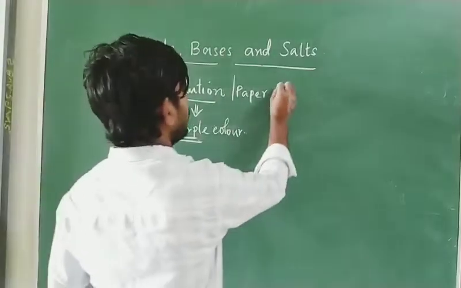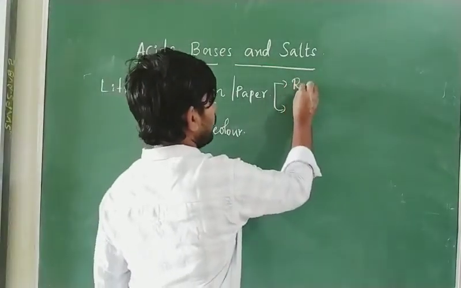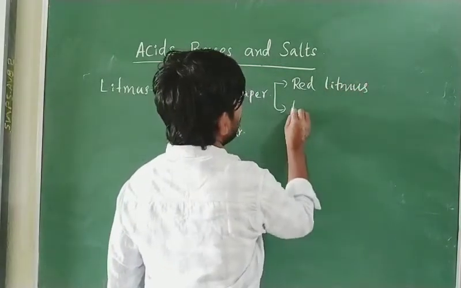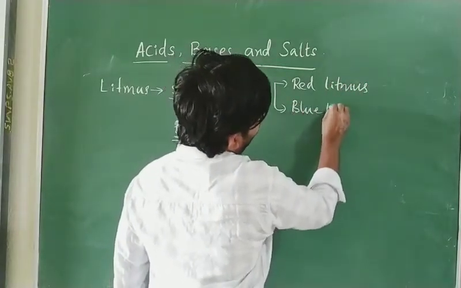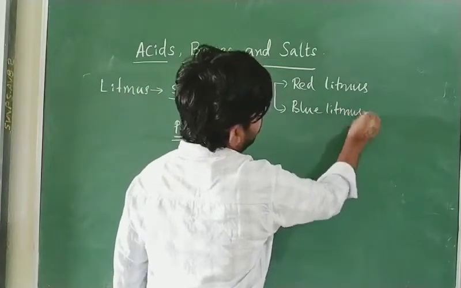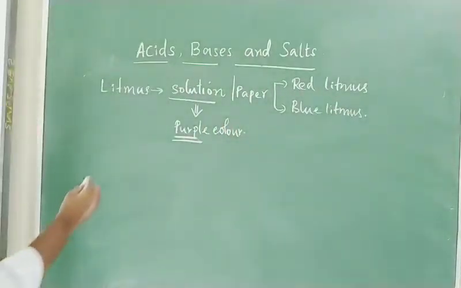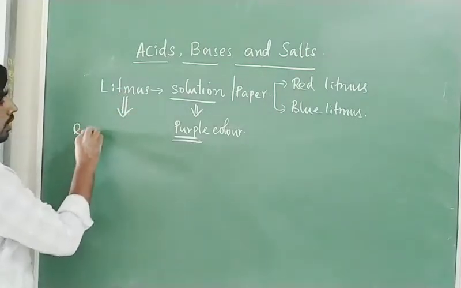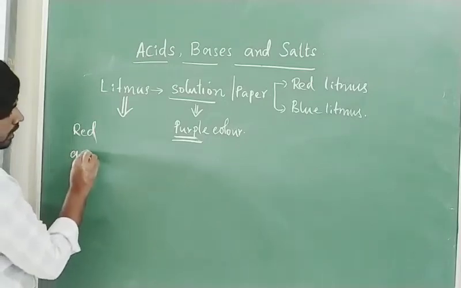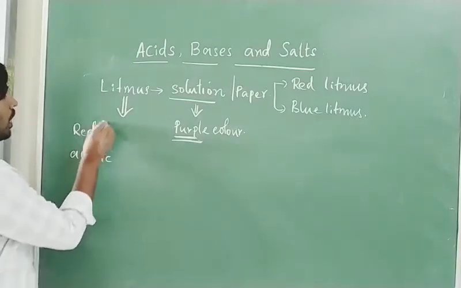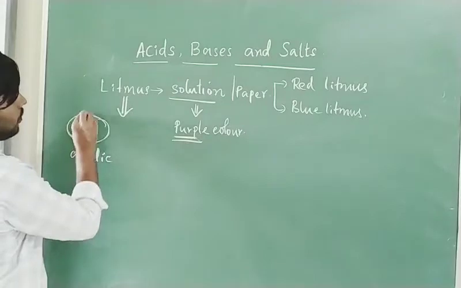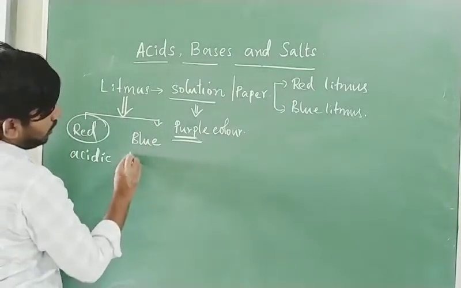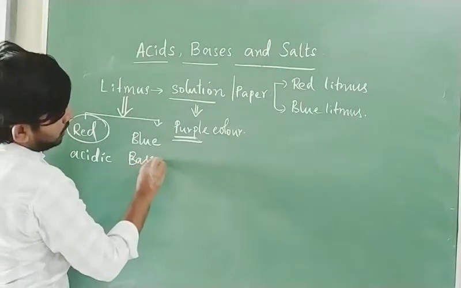And we have paper also. One is red litmus paper, and one more is blue litmus paper. Remember, litmus will show red color in which medium? Acidic medium. It will show blue color in a basic medium.